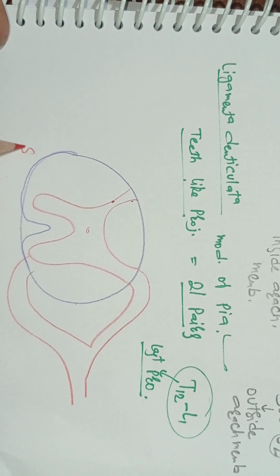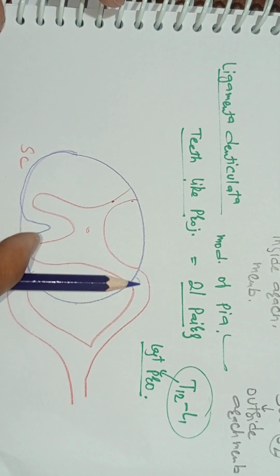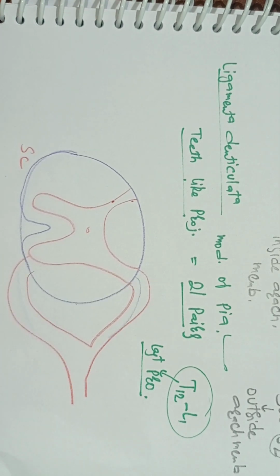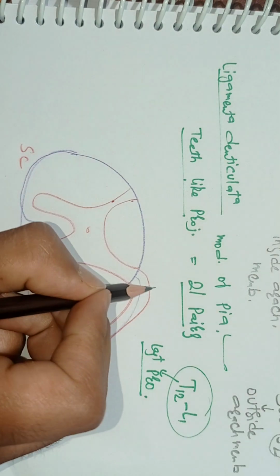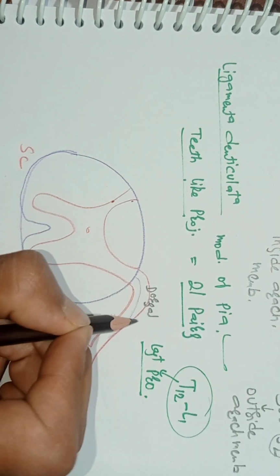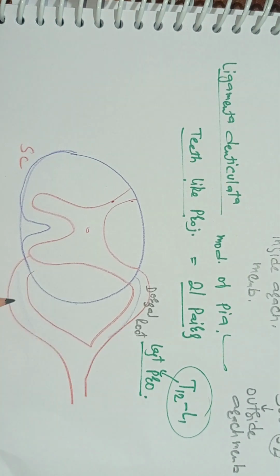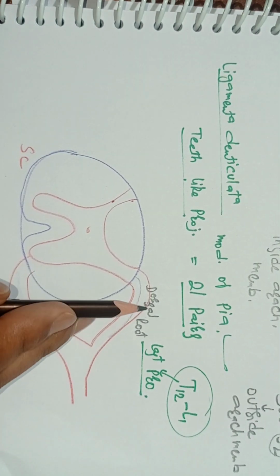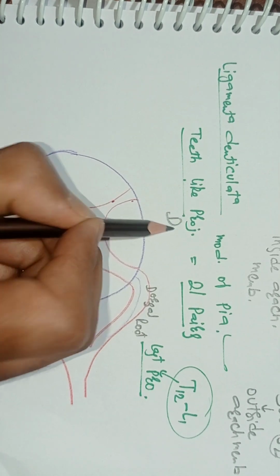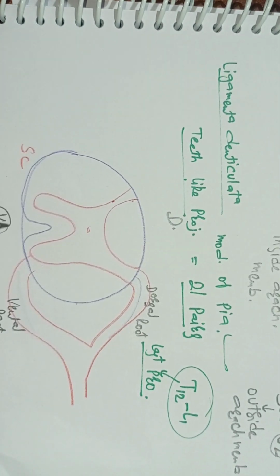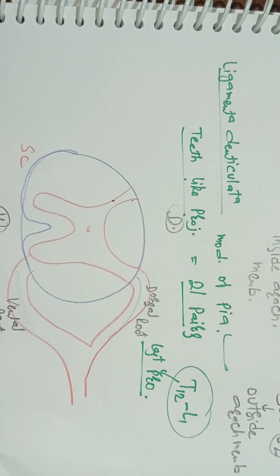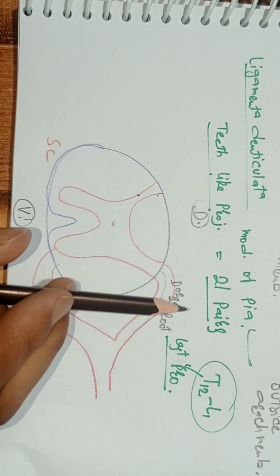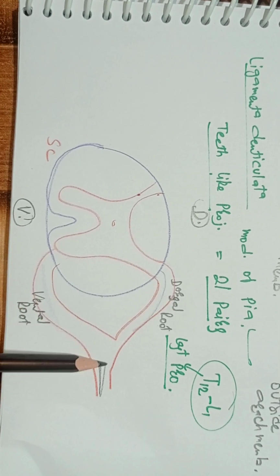This root is known as the dorsal root, and this is known as the ventral root. The dorsal root is on the dorsal side of the spinal cord, and this is the ventral side, anterior. This dorsal root and ventral root join to form a spinal nerve.